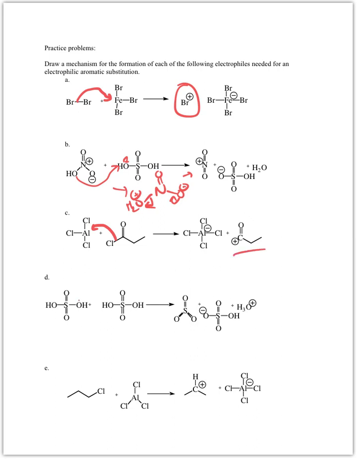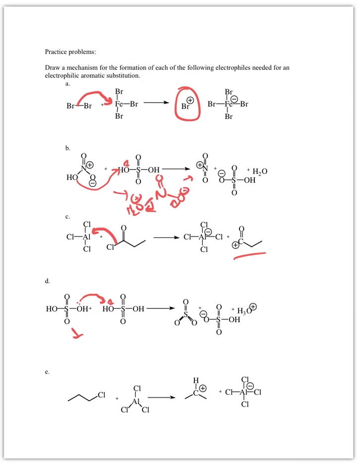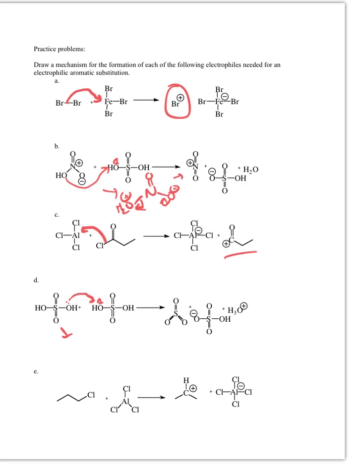Fuming sulfuric acid, if you have to show it forming, would be just like what we showed earlier. So we protonate the oxygen of the sulfuric acid, much like we did above.